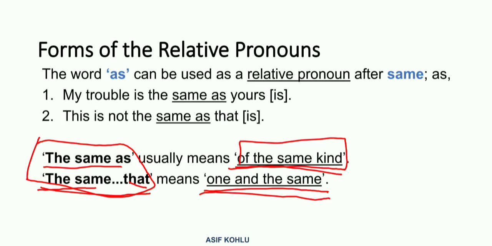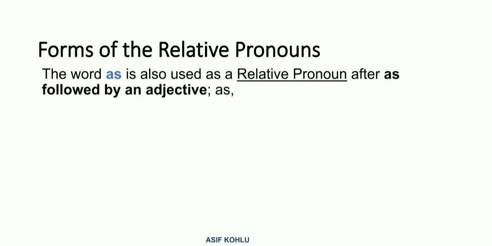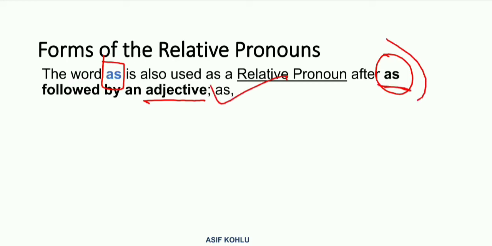Next, the word as is also used as a relative pronoun after as followed by an adjective. Okay, keep in mind, after the word as there comes the adjective, so as is used as the relative pronoun.